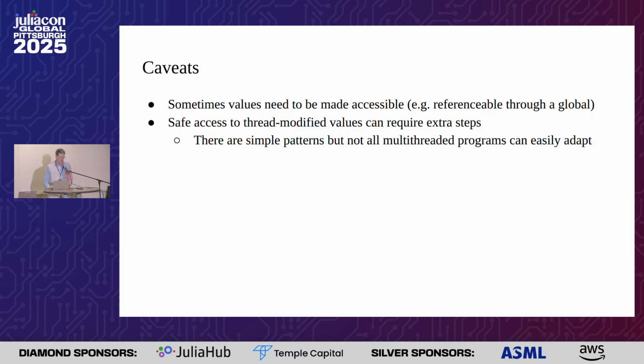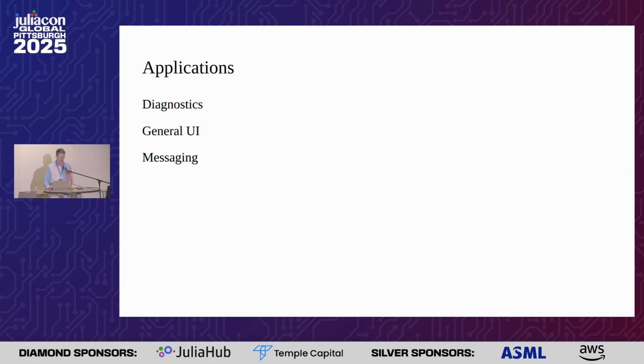Safe access to thread modified values can require extra steps. There are some simple patterns for doing these things, and hopefully you wouldn't have to adapt your program to deal with this, but if you're suffering from the edit, compile, deploy, log analysis cycle, I think it might be worth it to restructure concurrency a little bit if it can help with monitoring.